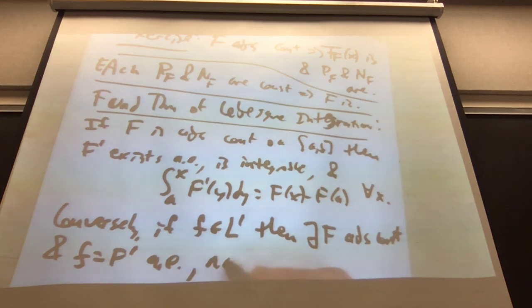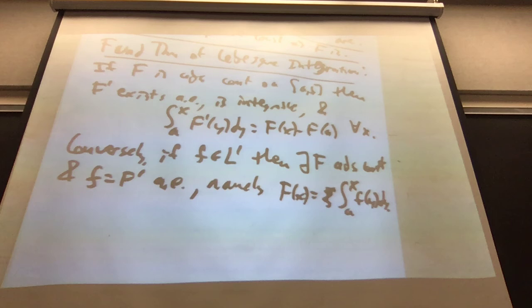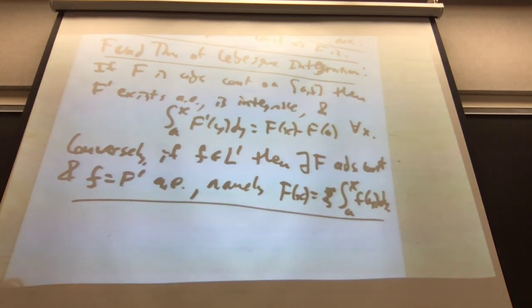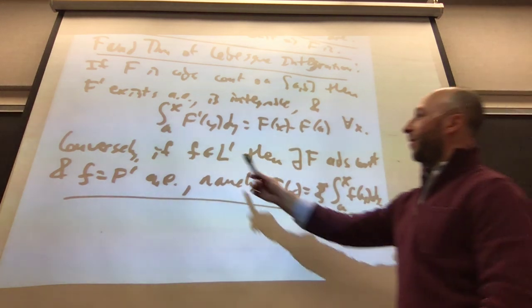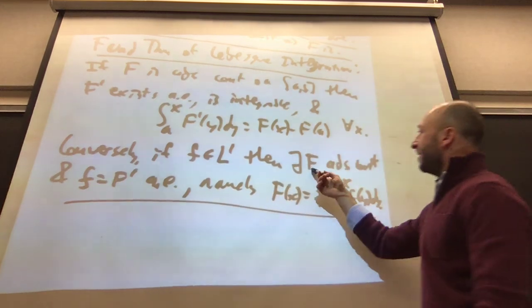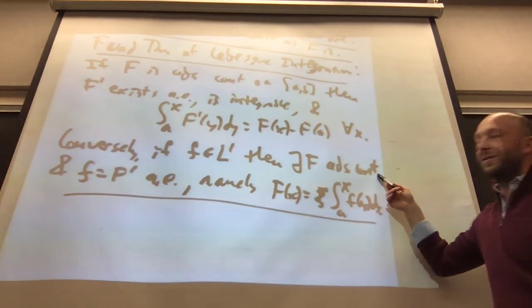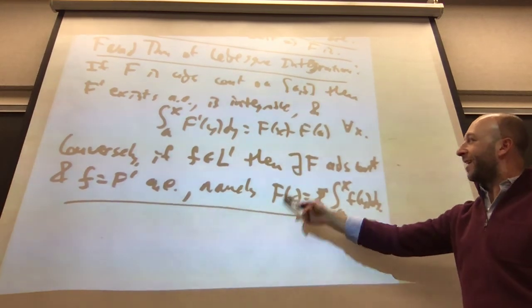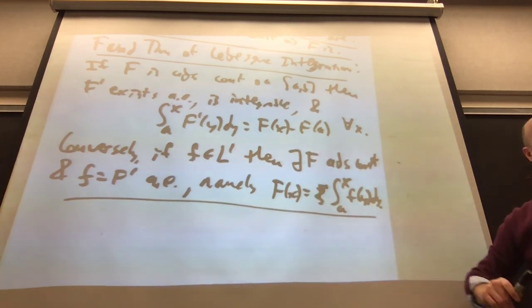Namely, the function F of x equal to the integral from a to x of f of y dy will work. If you have an integrable function, then there is a function which is its antiderivative, and that function is absolutely continuous. And not only does it exist, but you can just write it down. You integrate f from a to x.